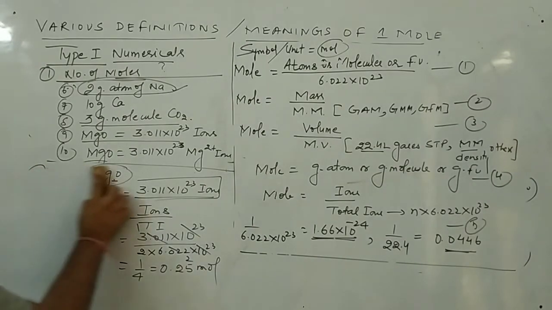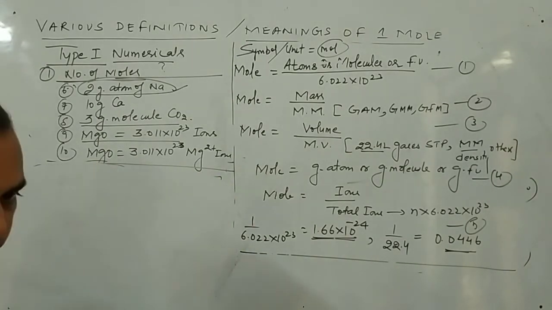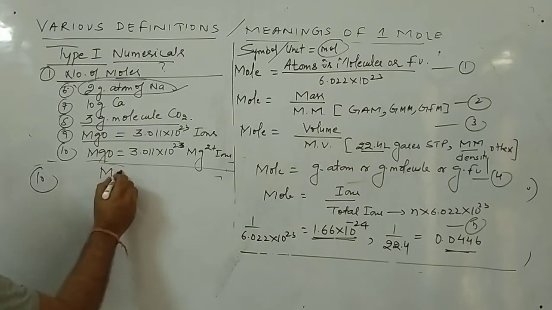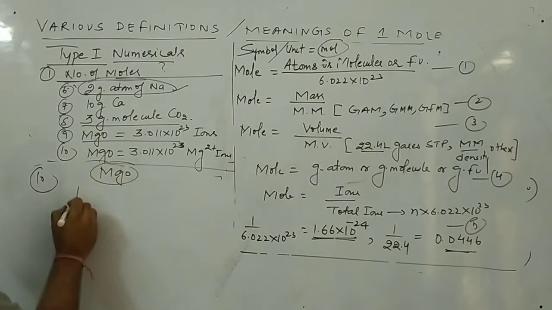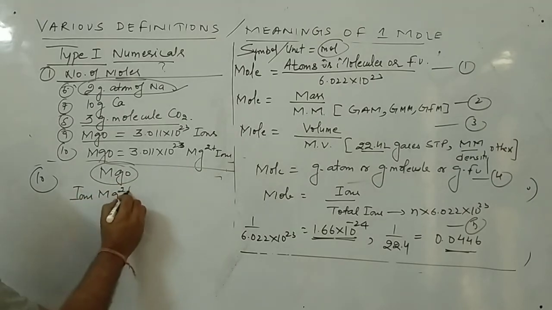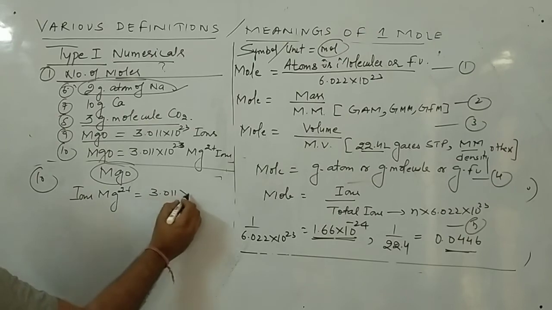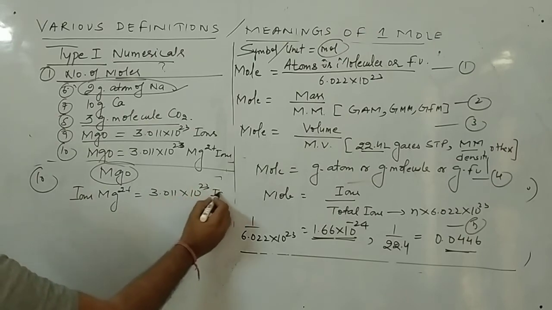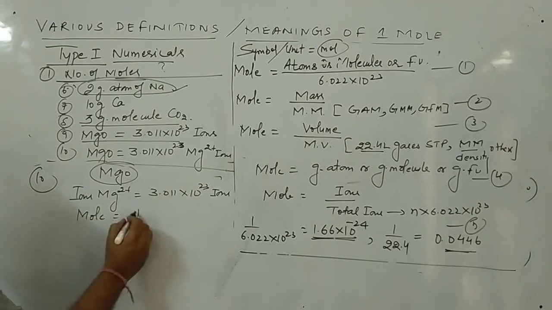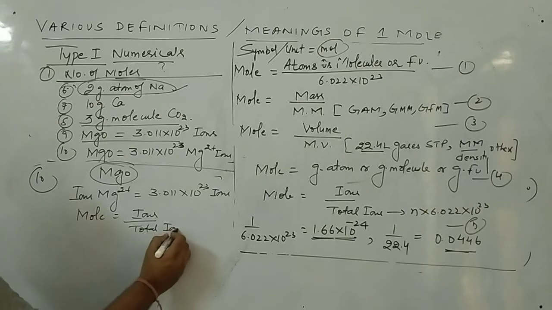Okay, now the 10th part, that is the last part. In the 10th part, what is given? Your ionic compound is MgO and ions of Mg2+ are given: 3.011 × 10^23 ions. Formula is same, beta. Mole is equal to ions upon total ions.